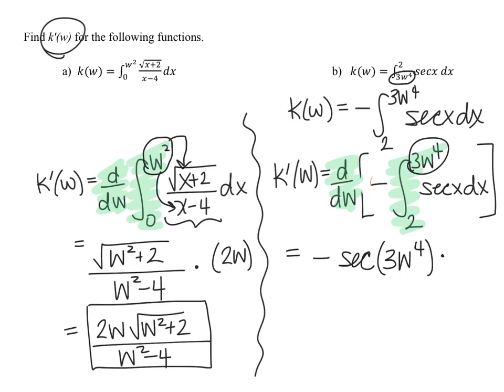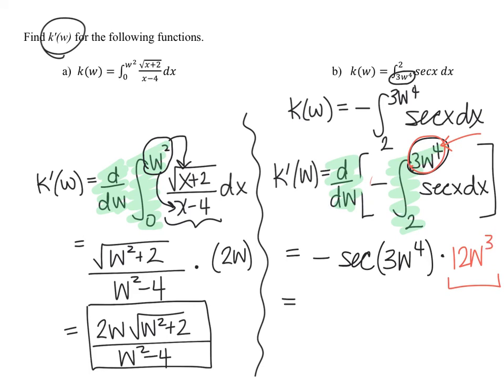But again, our integral is actually a composite function, since we're not integrating just from a constant to w, but rather a constant to another function, 3w to the 4th. Then the chain rule requires us to chain on with multiplication the derivative of 3w to the 4th, which will be 12w cubed.